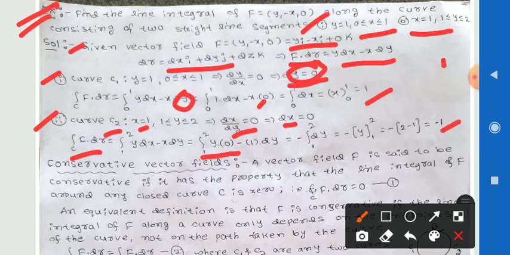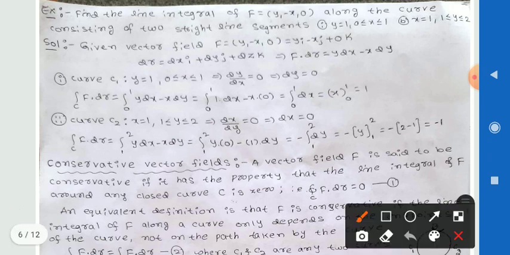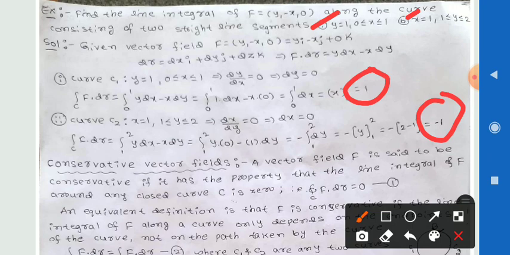Therefore the line integral values for the given vector field under the two conditions: the first one is equal to 1 and the second one is equal to minus 1.